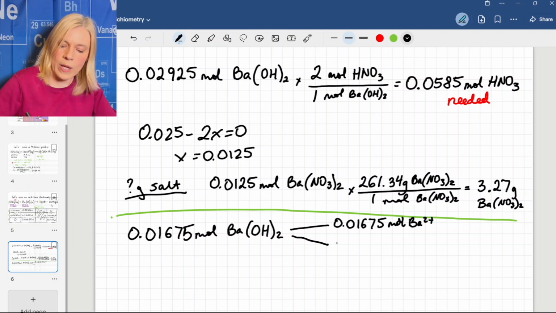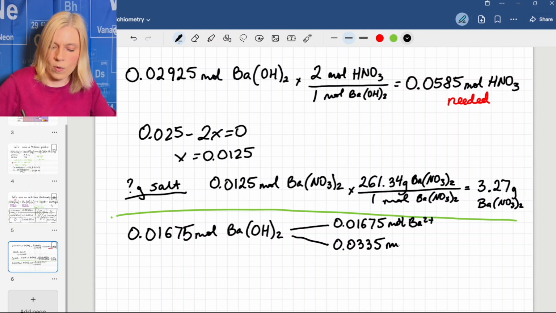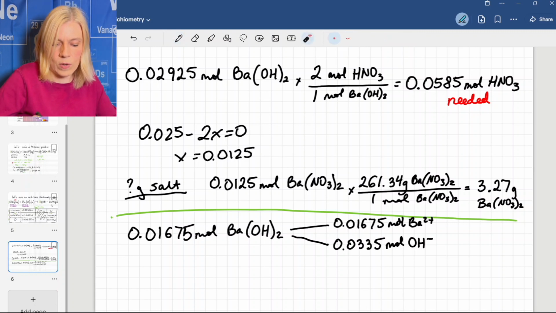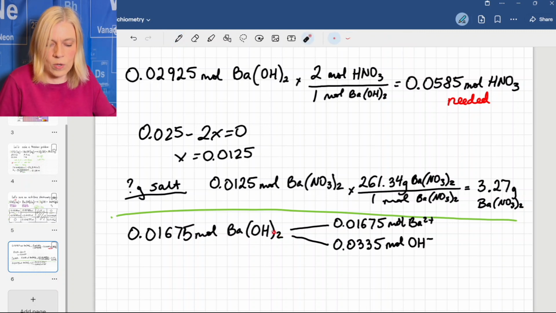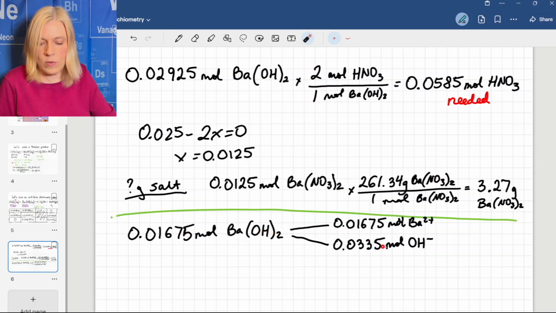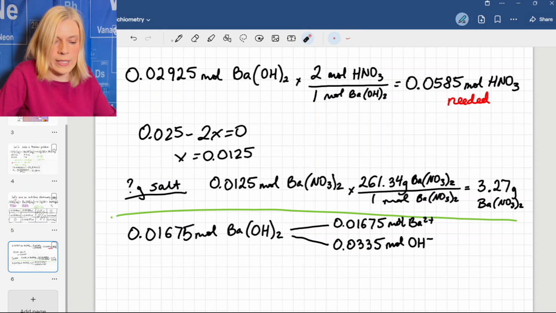So we will multiply by 2. So we have 0.0335 moles of hydroxide. You say, where am I getting this? Look right here, there are 2 hydroxides per 1 compound. So take this number, multiply by 2, and you get this number, 0.0335 moles of hydroxide.